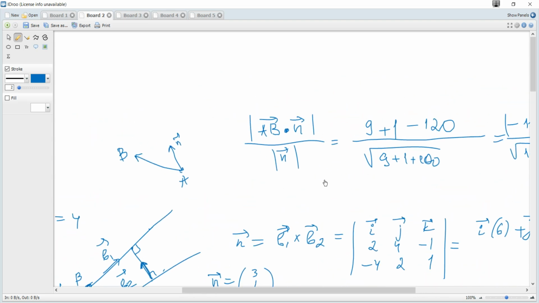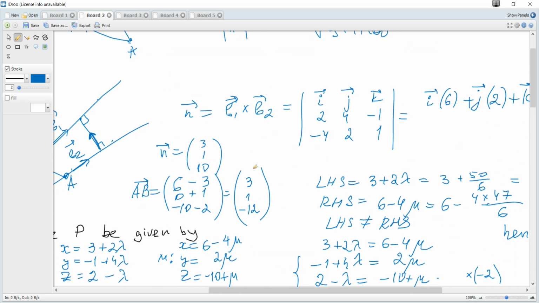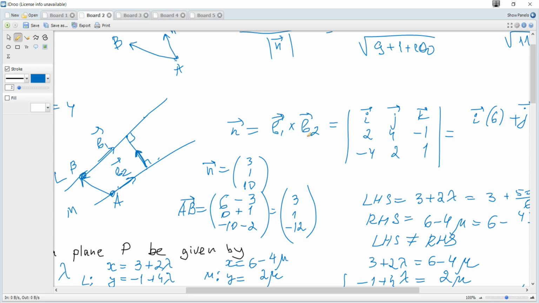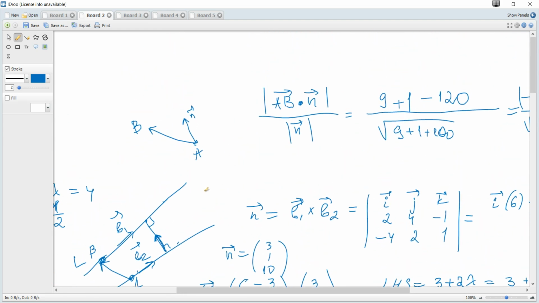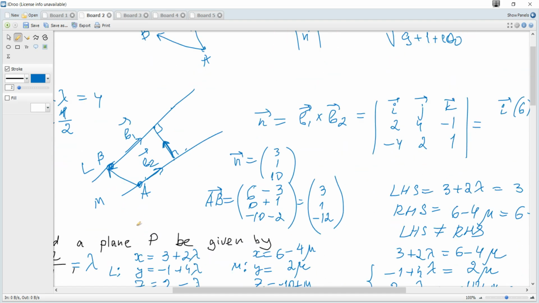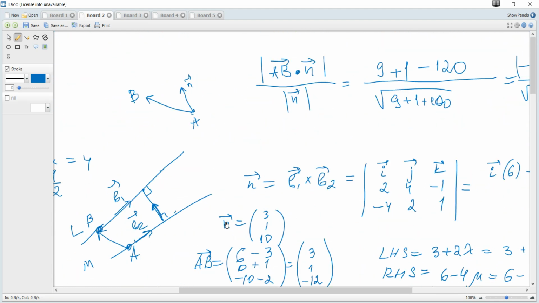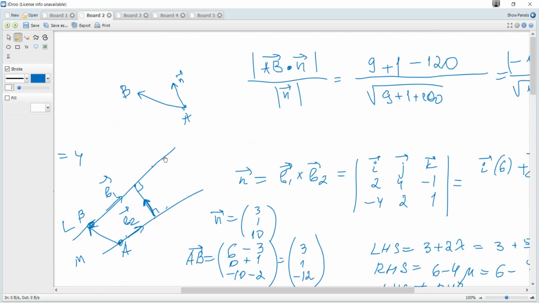Another method: again we need a vector in the direction of the line which is perpendicular to both lines, which can be found as the cross product of the two direction vectors. Then we consider two position vectors to any points on both lines, the OA vector and OB vector, and we should take them with parameters.